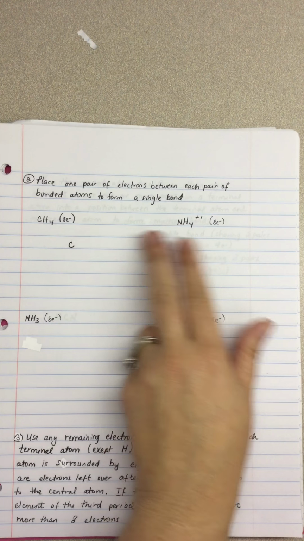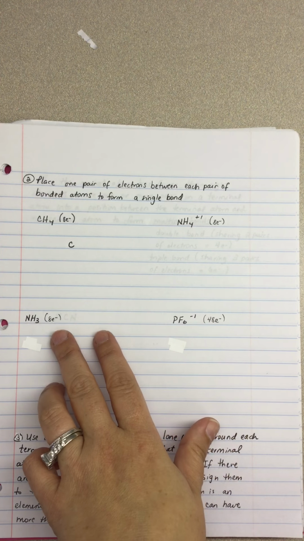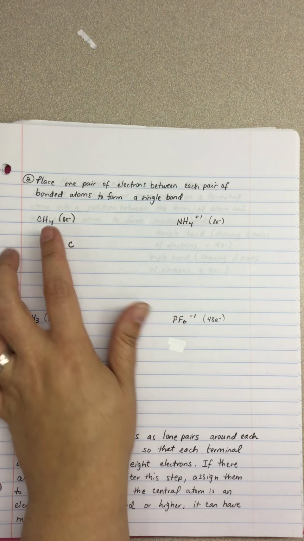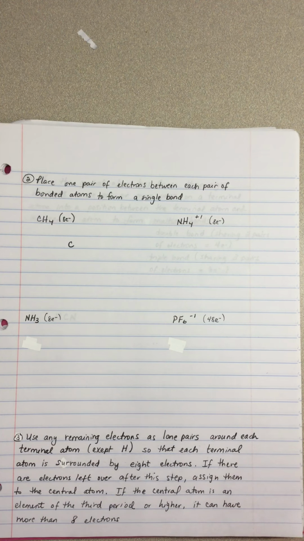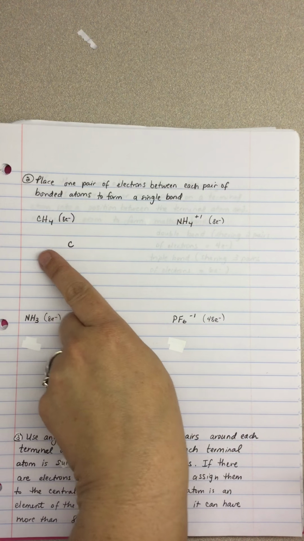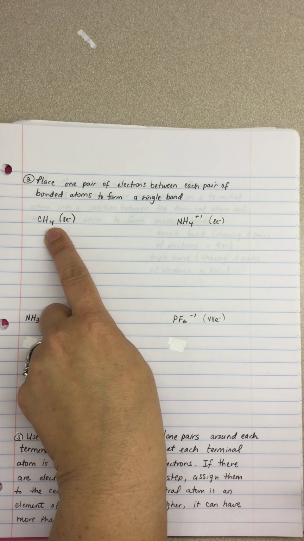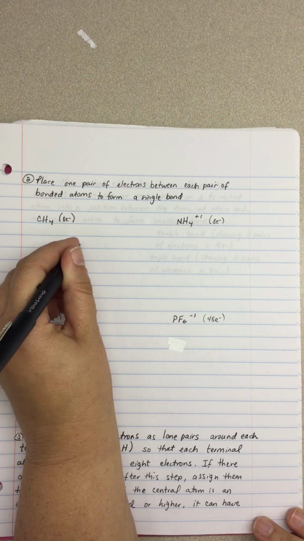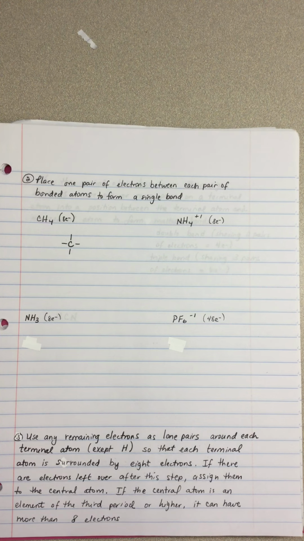So with our total number of electrons that we calculated already, we're going to form chemical bonds between the central and every single atom in that molecule. So what I always do is bond my central with my hydrogens. I have 4 hydrogens, so I'm going to put 1 line for each hydrogen.